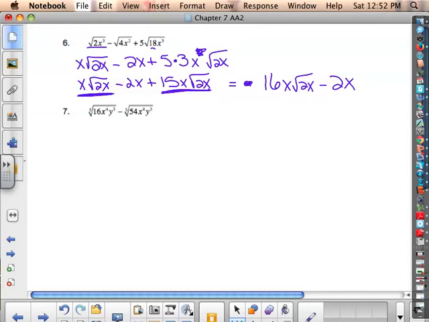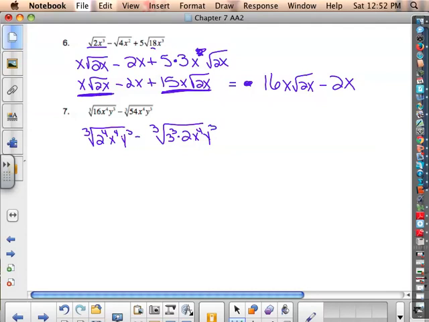Number 7, when I want to look at simplifying these, I have the third root. I'll take a little more time with this one and try to write a little more detail. This becomes the third root of 2 to the fourth, x to the fourth, y to the third, minus the third root of 3 to the third times 2 times x to the fourth, y to the third.